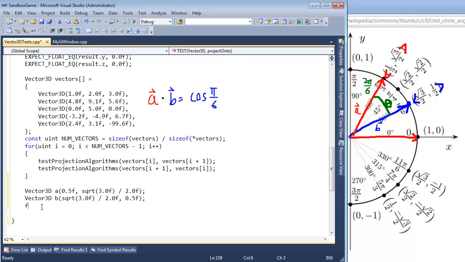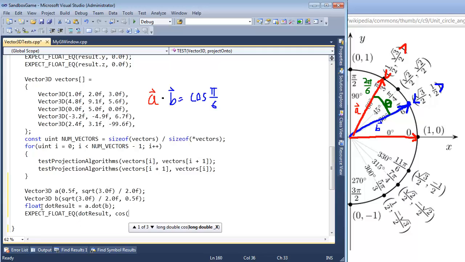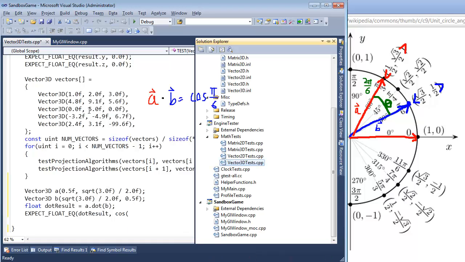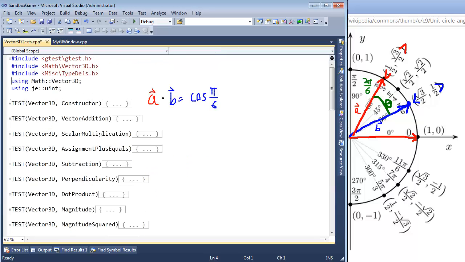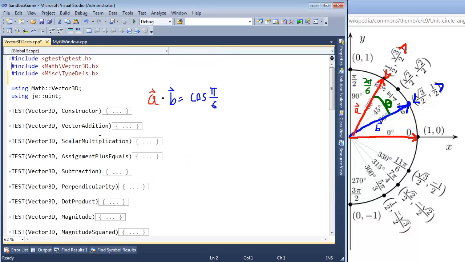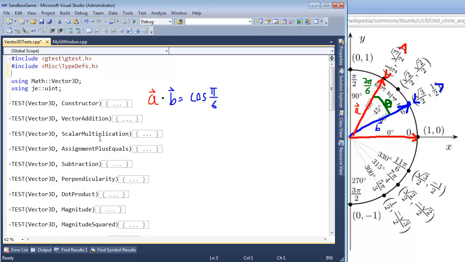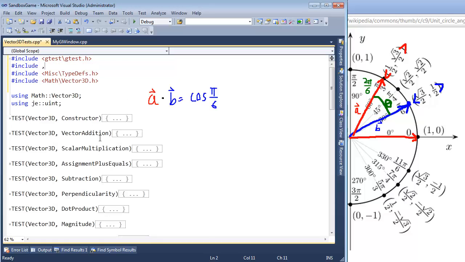So float dotResult gets A dot with B, and then expect float equal: the dotResult should be equal to the cosine of, I believe we defined pi, if I remember right, Control Alt L. Where did we define pi? I think we defined, oh, constants.h. I think we put it in there. So let's do a pound include. Let's try to keep these things in alphabetical order.